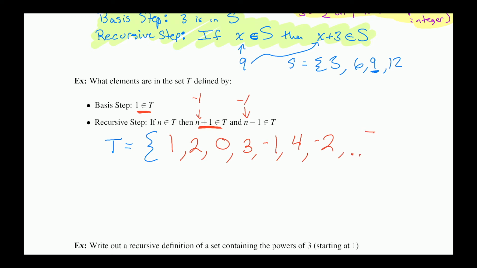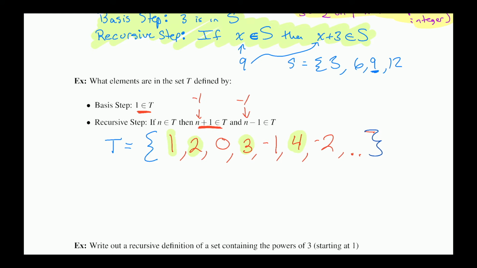But what you should be able to see, and you're not always going to get there right away, but what you should be able to see after a while is that we're getting like 1, 2, 3, 4. We're going to get a 5, right? Because if you take this 4 and you put it in here, you're going to get 4 plus 1 is 5.